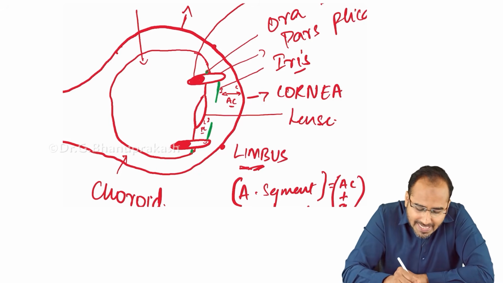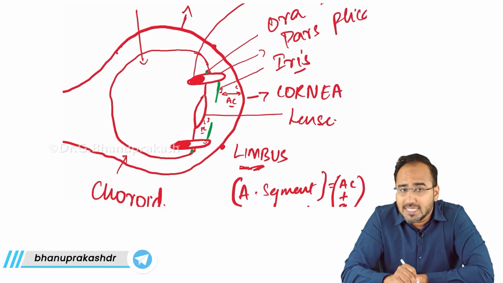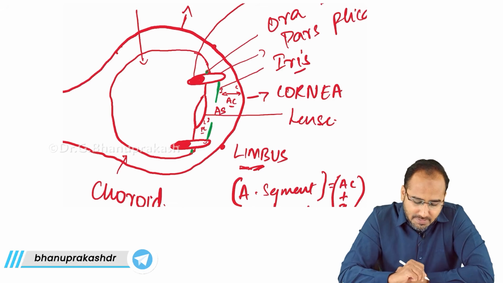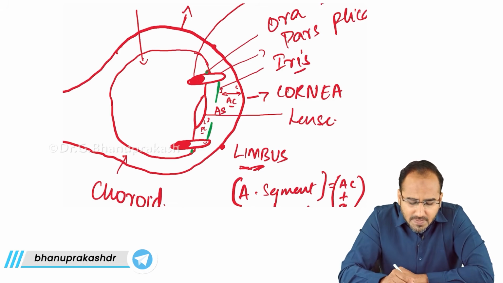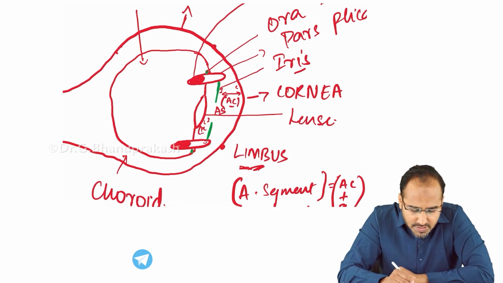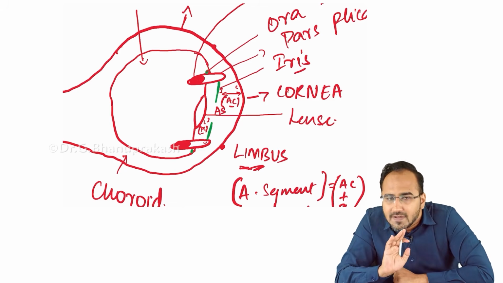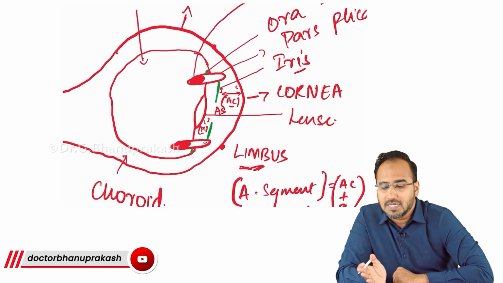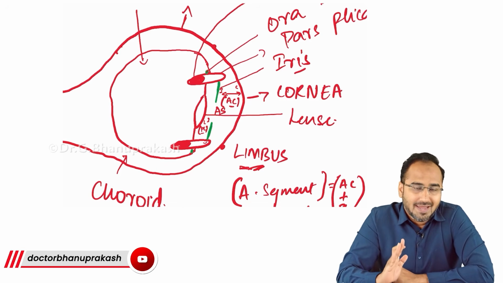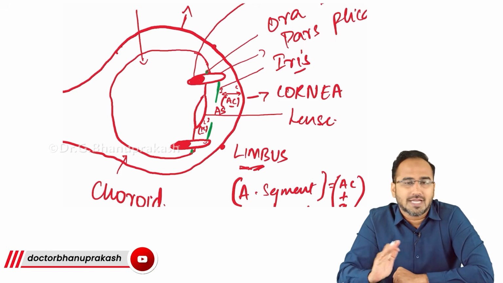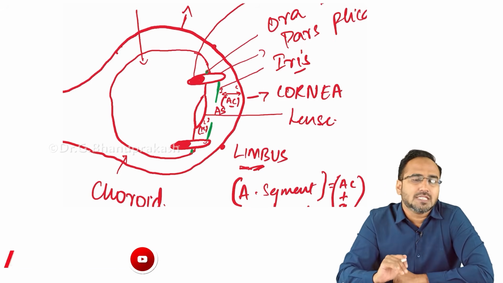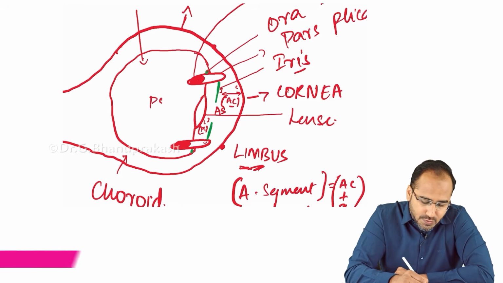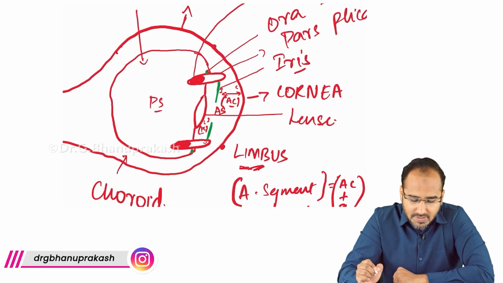Meaning, anything that is in front of the lens is called the anterior segment. That is, in the anterior segment you will see the anterior chamber, and you will also see the posterior chamber. Anything that is behind the lens is called the posterior segment. This is the posterior segment, right?